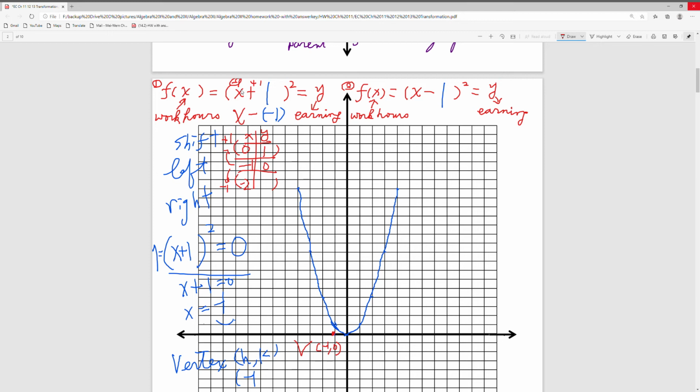For -2, -2 plus 1 is -1, and -1 squared is also 1. So you have 0, 1 and -2, 1. So you connect. On the test, that's all I want.